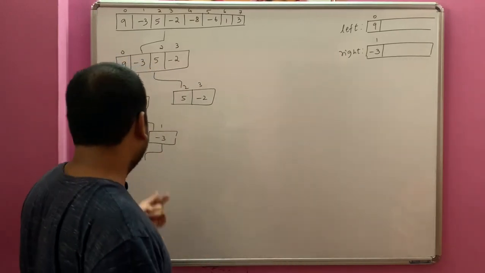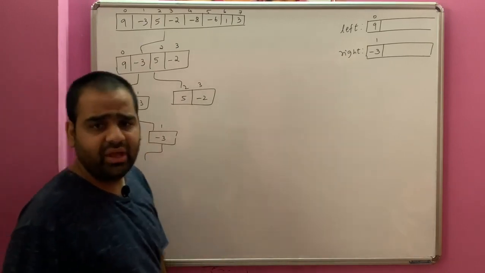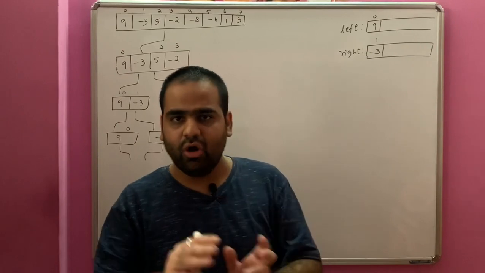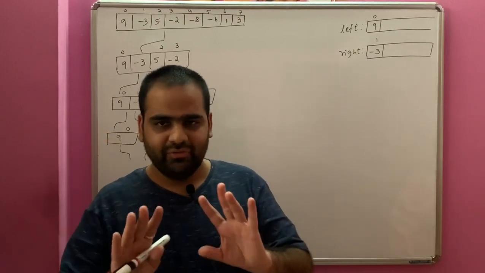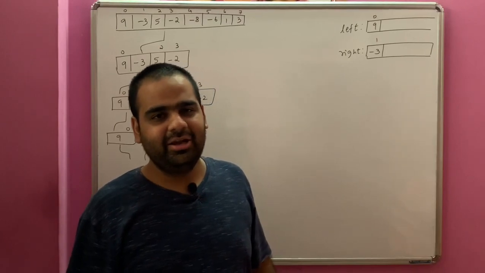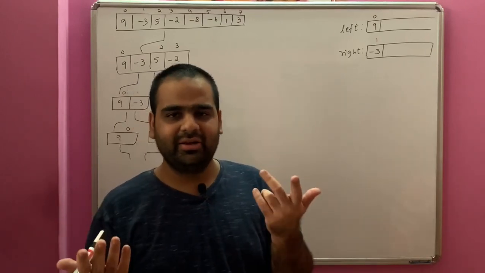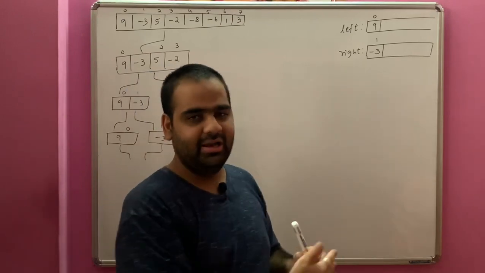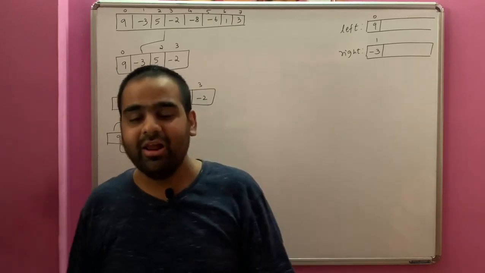Now if they are of the same sign, that means either both are negative or both are positive. Fair enough. And if both are of different sign, it means you have to segregate them. Order does not matter over here. Why? Negative numbers should come on the LHS, positive numbers should go on the RHS.